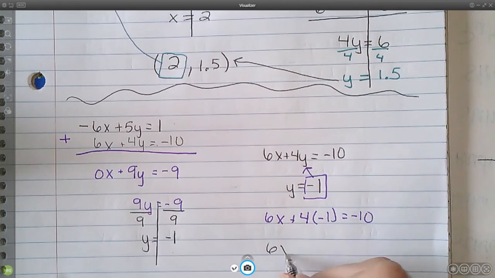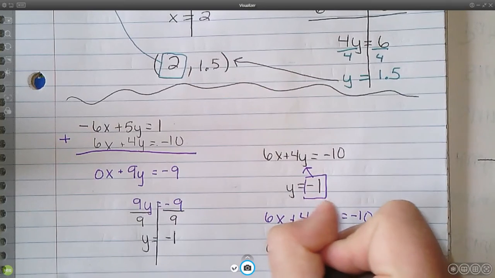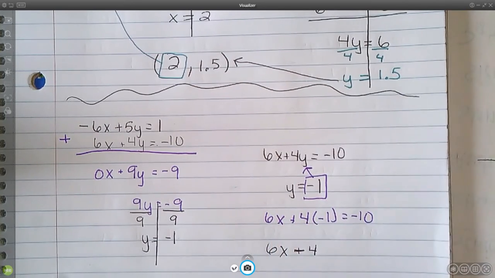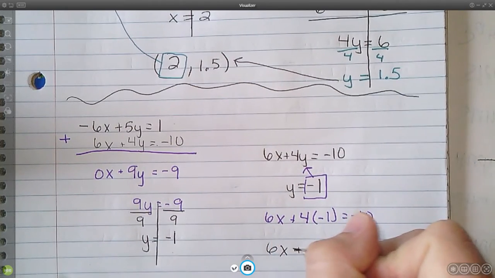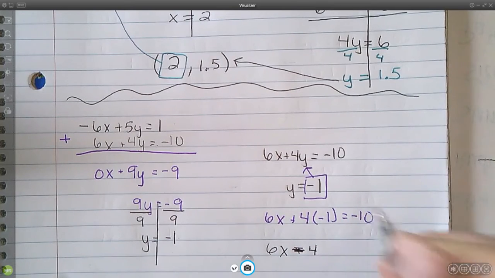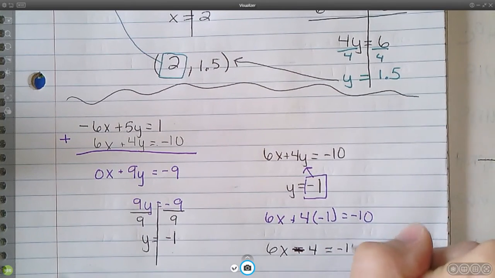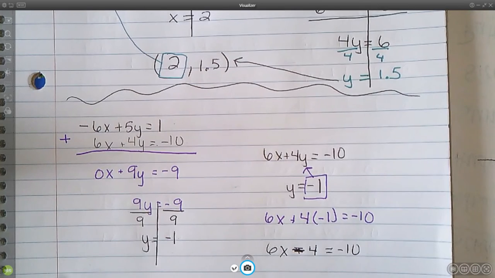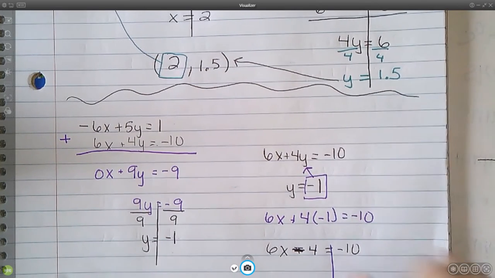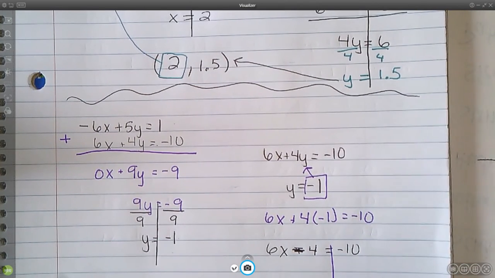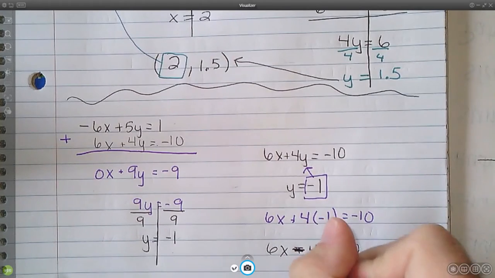So you'll have 6x, 4 times negative 1 is negative 4. Negative, not positive. Equals negative 10. So we're going to draw the line down the middle. And we can add 4 to both sides.